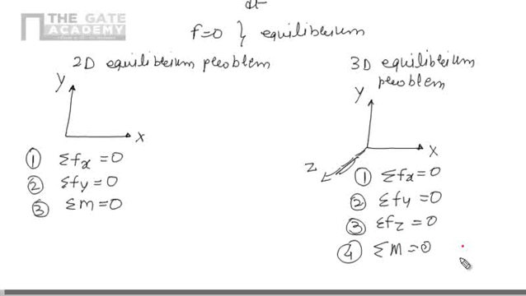By this way we can analyze the 3D problem. So if the body is at rest or moving with uniform velocity, it means body is in equilibrium, and we can apply these three equations for 2D problem and these four equations for solving 3D equilibrium problem.